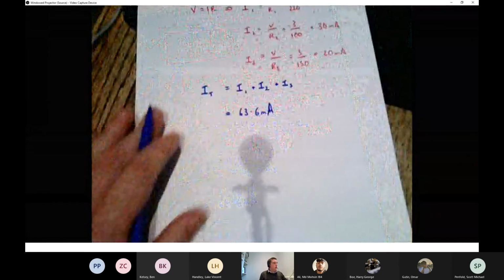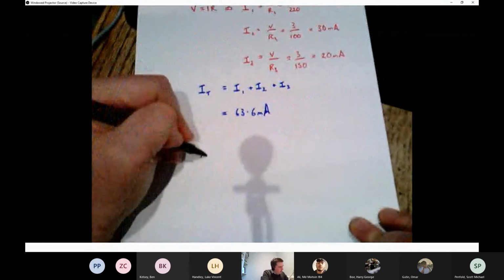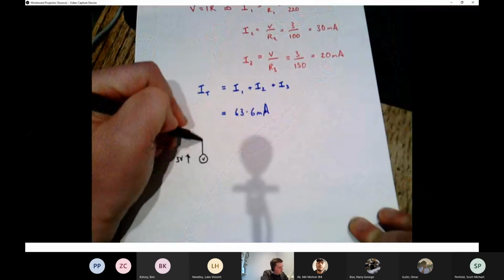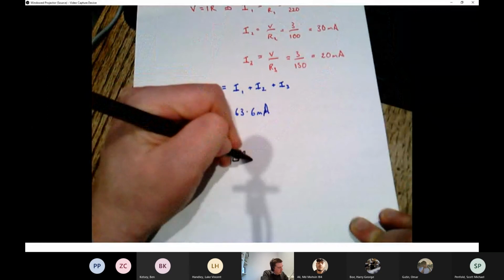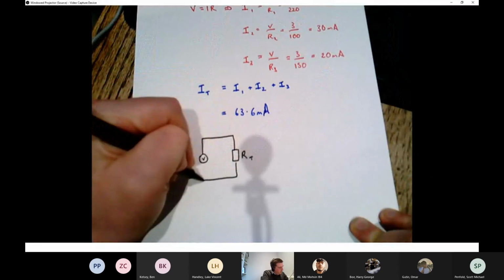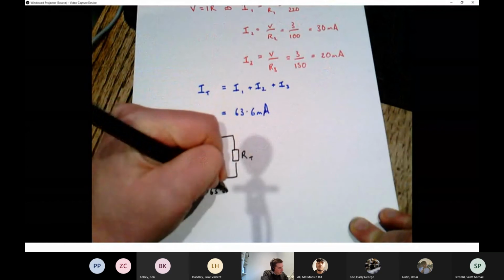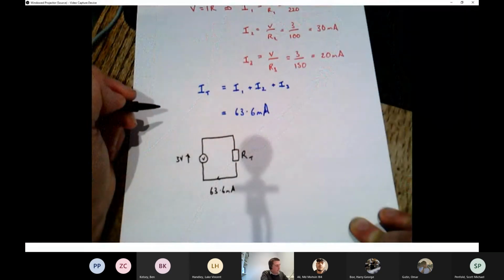And now we can do one last kind of useful or clever thing, which is to say, okay, now imagine we've got another circuit with a 3-volt supply, and there's just one resistor, which is the equivalent resistance, and we're going to get 63.6 milliamps as the current in the circuit.